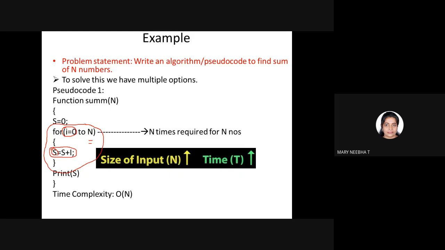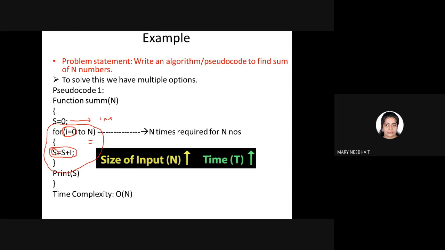So for example, if you just calculate the time, I'm using some microseconds. Exactly that won't happen; a different time may take place inside the computer. Suppose for S is equal to 0, this step takes 1 microsecond. I'm telling everything in terms of microseconds.